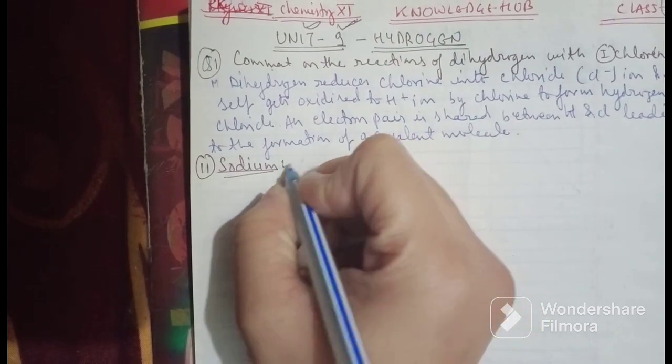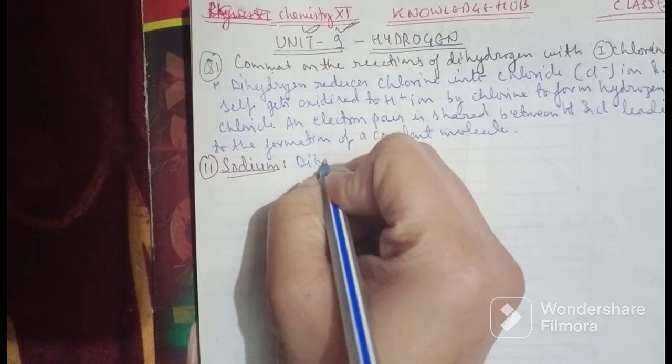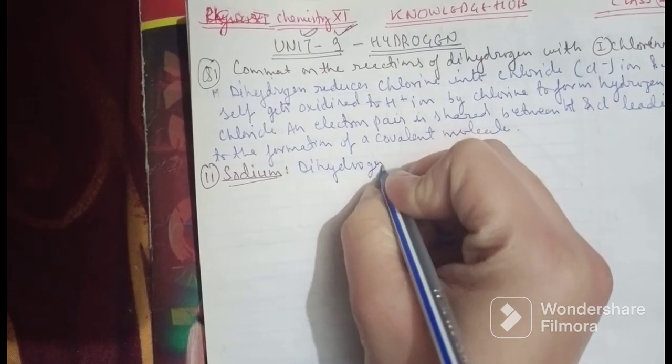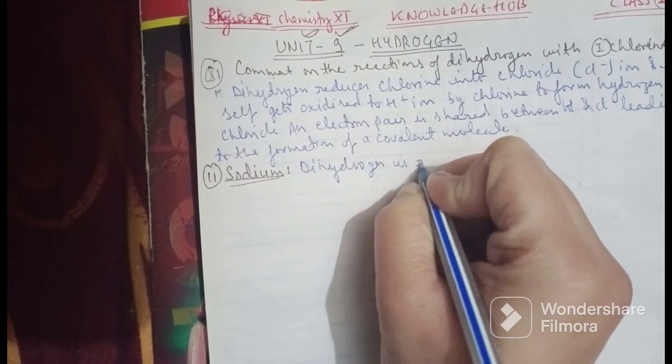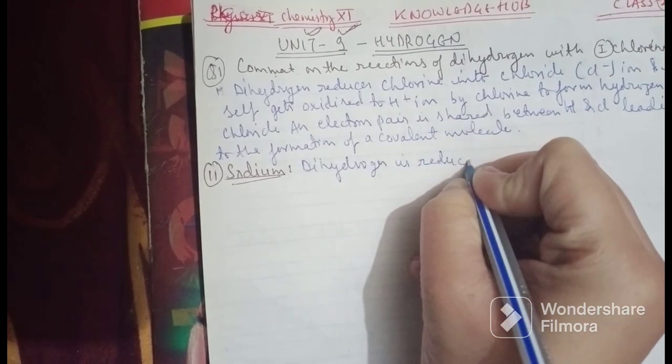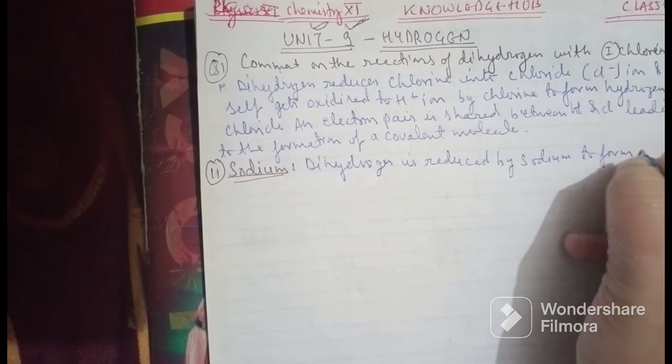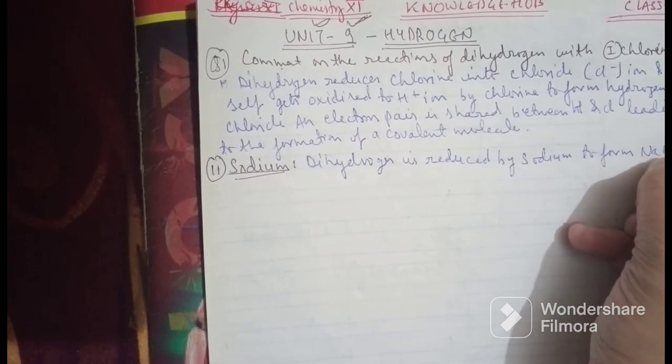So here for sodium, I'll write it down so that it will be remembered. Dihydrogen is reduced by sodium to form NaH.